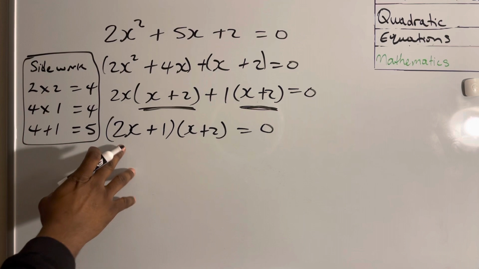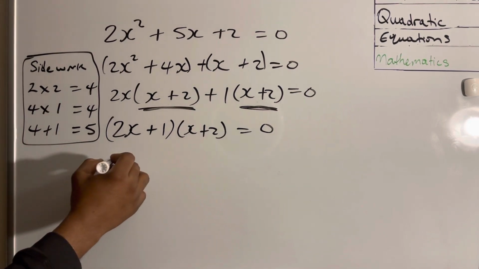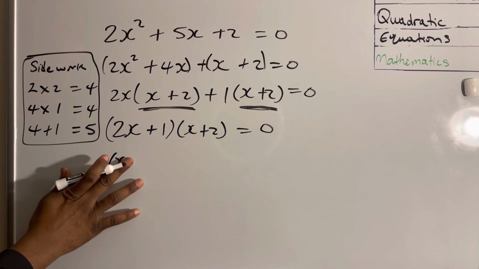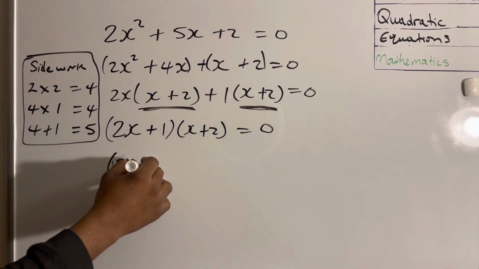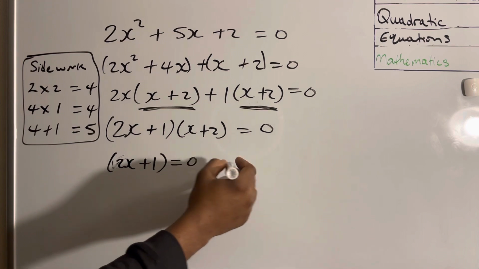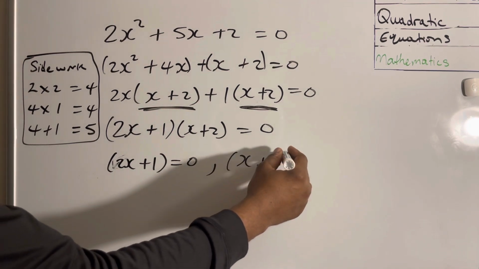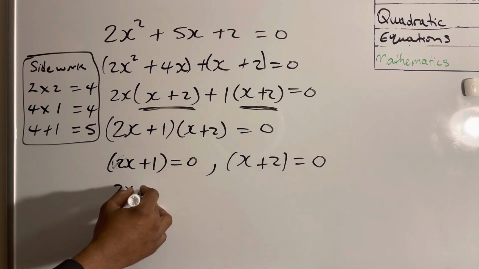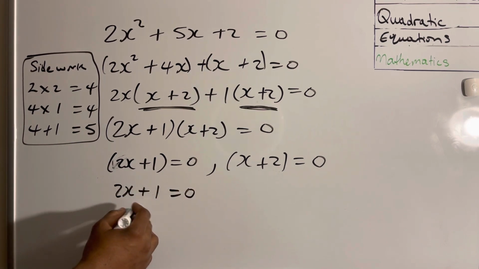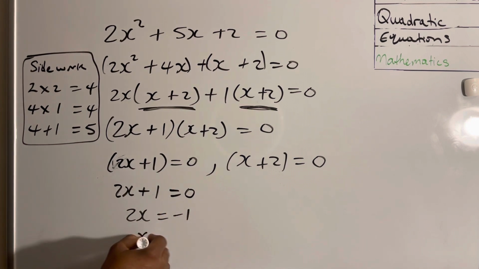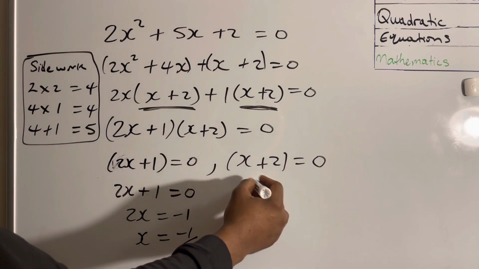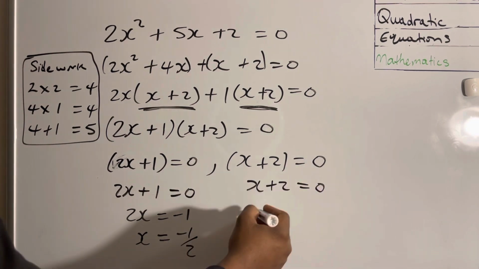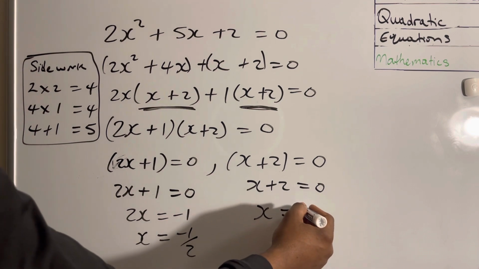Whenever you're solving for x and you have two brackets like this, you equate each bracket to 0, because in a quadratic equation, x has two values. Here, you're going to have 2x plus 1 equals 0, then 2x equals negative 1, x equals negative 1 over 2. And in this case, you have x plus 2 equals 0, x equals negative 2.